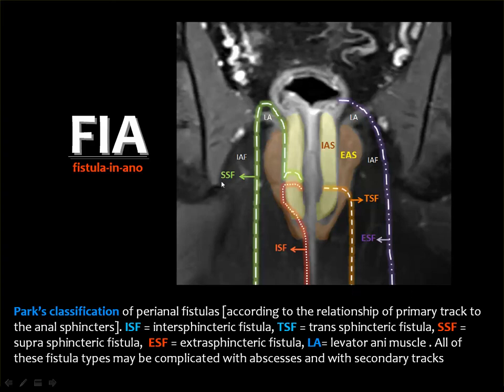Then the suprasphincteric fistula crosses through the internal sphincter, then in the intersphincteric space until it reaches the puborectalis. If it reaches the puborectalis, this is enough for the name suprasphincteric fistula. But if it goes up above the levator ani, this is also a suprasphincteric fistula. The last type, the extrasphincteric fistula, is a tract connecting the outside directly to the rectum above the level of the levator ani.